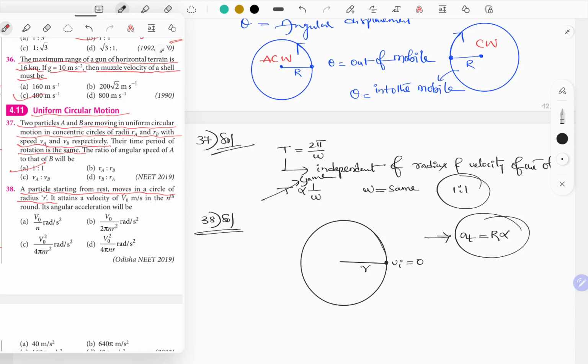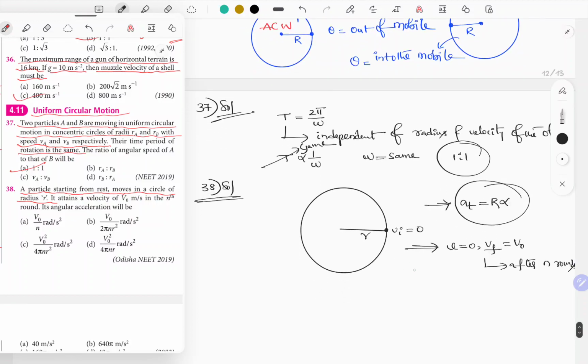For every one round, what is going to be the distance covered by this object? It is going to be 2 pi r, right? Okay, so what is the initial velocity? Initial velocity is equal to 0. Final velocity is equal to v0 after how many rounds? After n rounds.